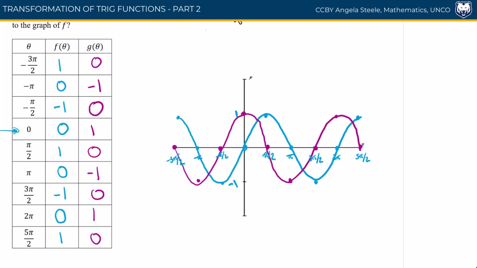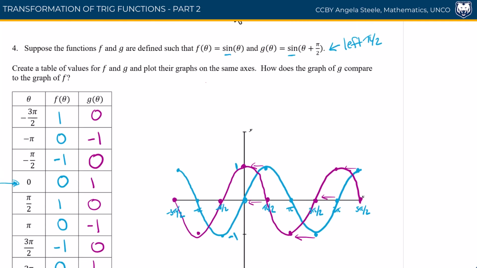And you can see that every single one of these points has shifted to the left pi over 2. Okay, and so that is our phase shift. So that means we are shifting to the left pi over 2.